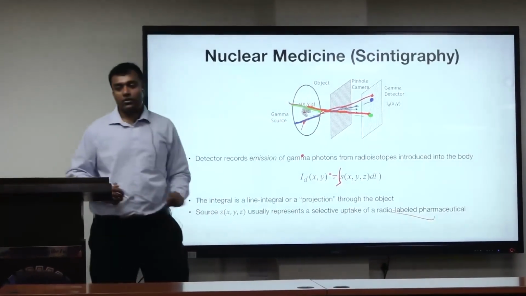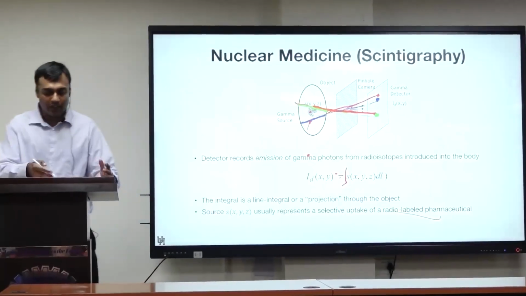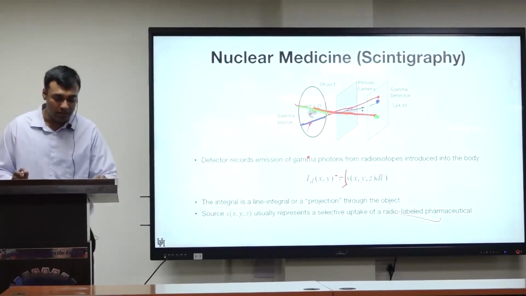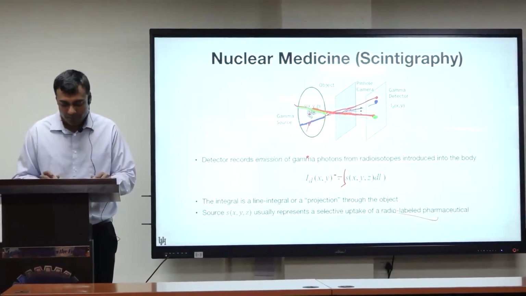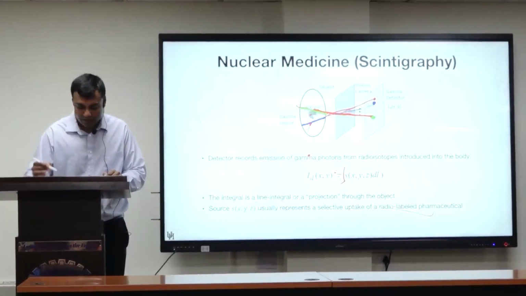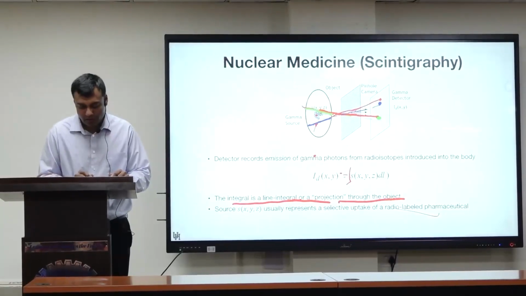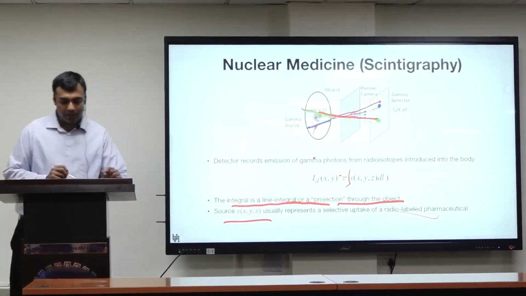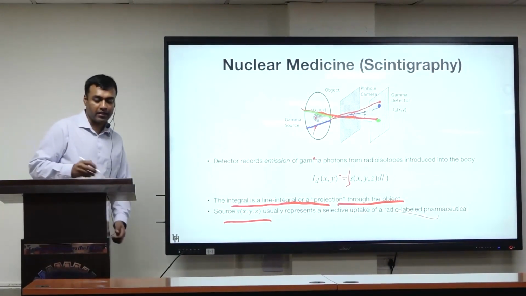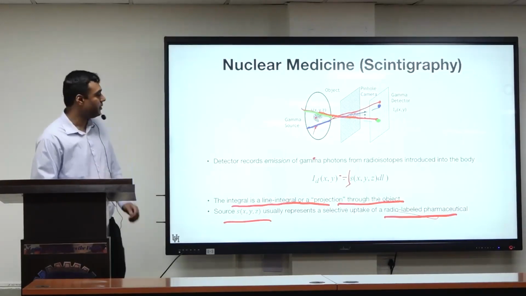And so you get an image of what is going on inside the body this way. This is a line integral of the projection through the object. And the source usually represents a selective uptake of a radio labeled pharmaceutical.